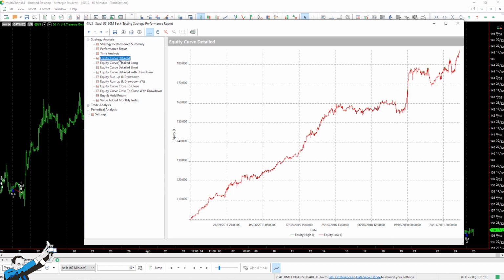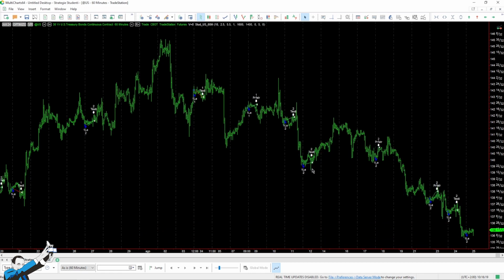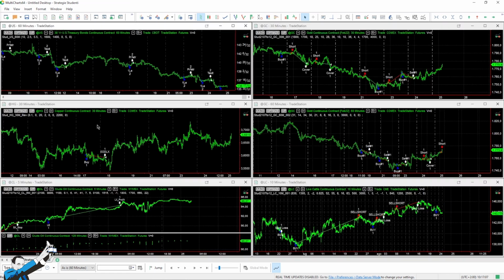I mean, look at those declines. However, although the strategy only enters on uptrends, it still managed to make some excellent gains. The strategy closes its positions after 10 bars at the latest. Now, since it's a 60-minute time frame, the position can remain open for a maximum of 10 hours.